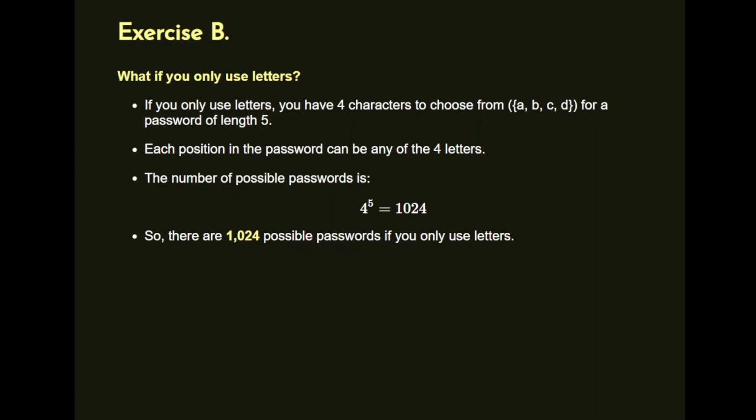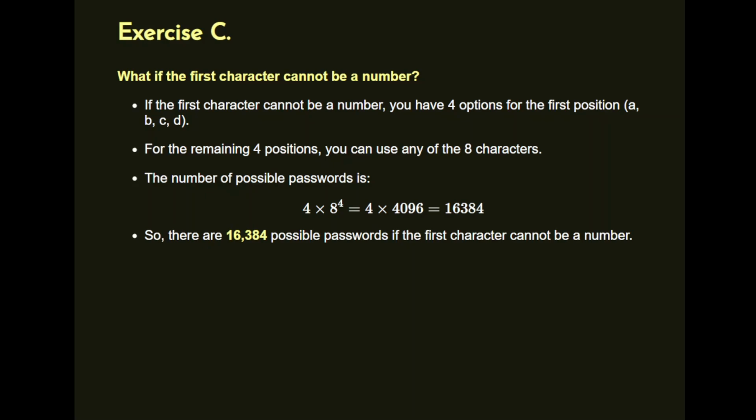Straightforward enough so far, but we're going to get a bit more complicated now. What if the first character cannot be a number? Then you have 4 options for the first position: A, B, C, and D. After that, you have no restrictions. So we're going to split this into 2: the first character, which we have 4 choices for, and the remaining 4 characters, which we have 8 choices for.